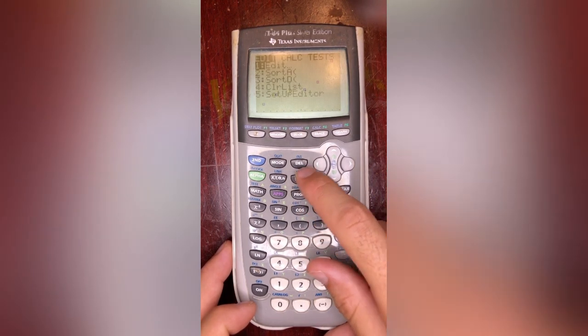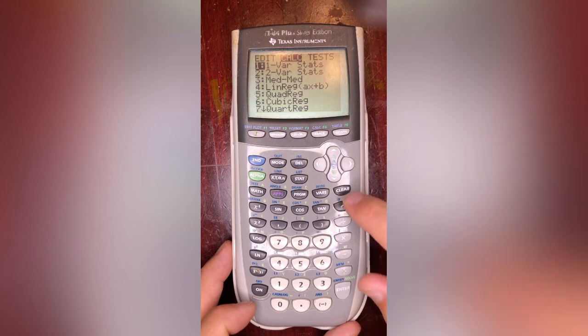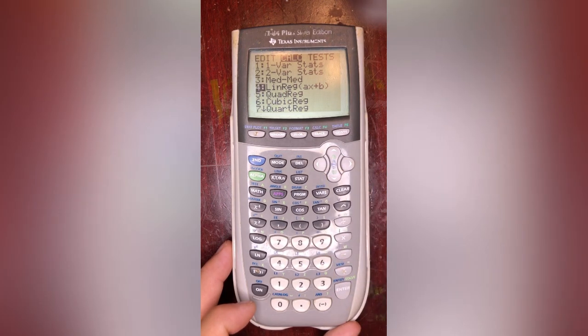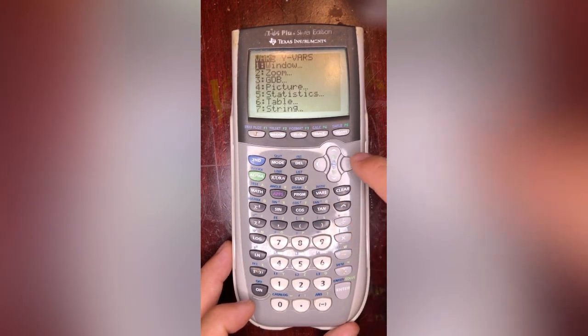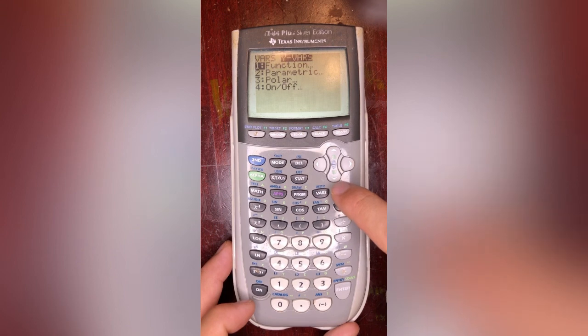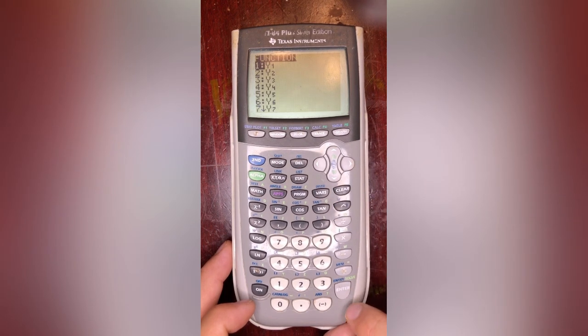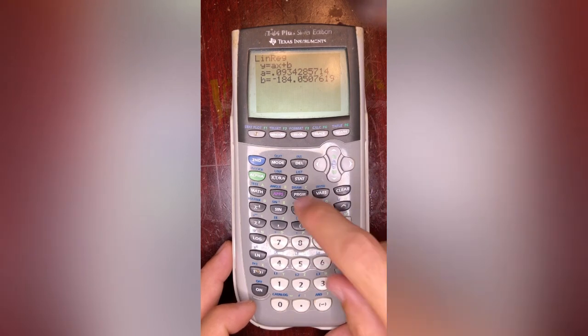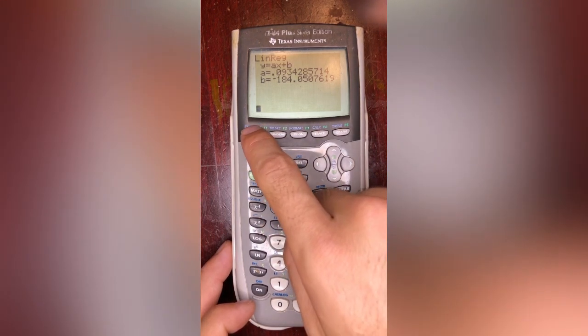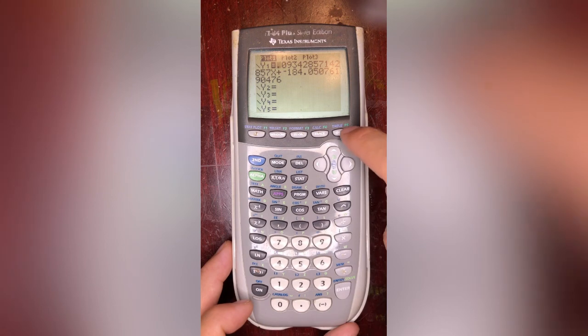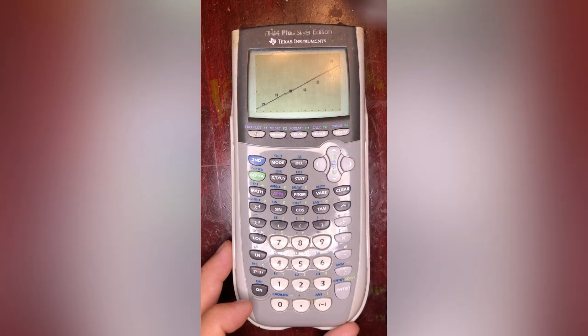I'd go to Stat, click over to Calc, go down to LinReg, think lin for line, and click enter. Now I'm going to store it as a variable: click Vars, click to the right, it's going to be a function, be in Y1, click enter again. It gives me my graph and my equation. The equation is already put in there for you, and it graphs my line. Okay, so that's number 5.